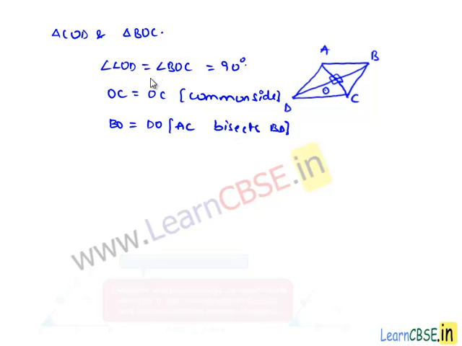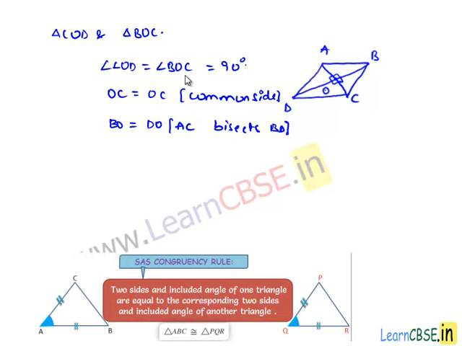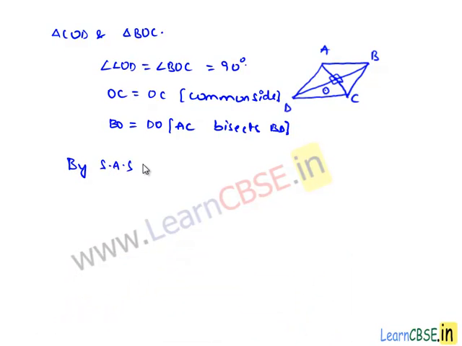So here, as in two triangles, the corresponding angle and two corresponding sides are equal, we can say by SAS congruence rule, triangle COD is congruent to triangle BOC.